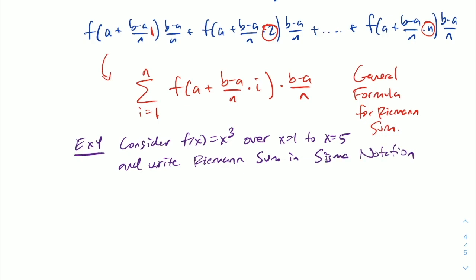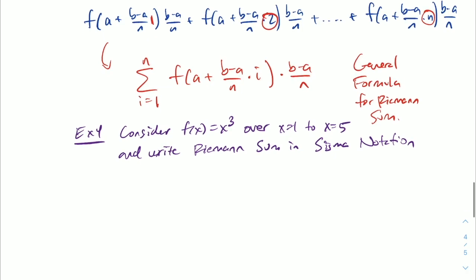Okay, so what we need to do is use this formula that we figured out in the last example. We have our a and our b. That's 1 and 5. So a is 1, b is 5. So b minus a is going to be 4. And we are ready to start putting stuff in this formula.